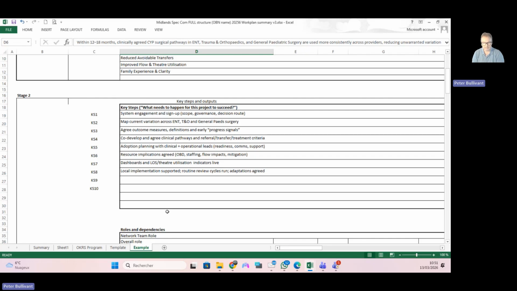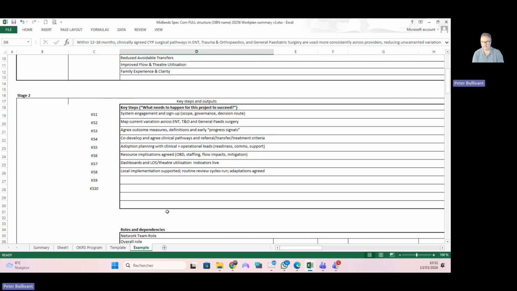They may be engagement events, developing pathways, agreeing dashboards, building protocols. So lots of different things that you may be doing, not lots. We want you to do those key steps.